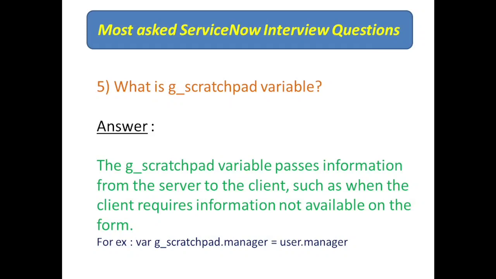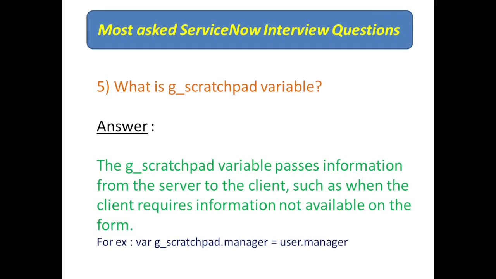The display business rule will execute and add it. It will store that value of the user's manager in the g_scratchpad variable, and when you are writing client scripts, you can directly use that.